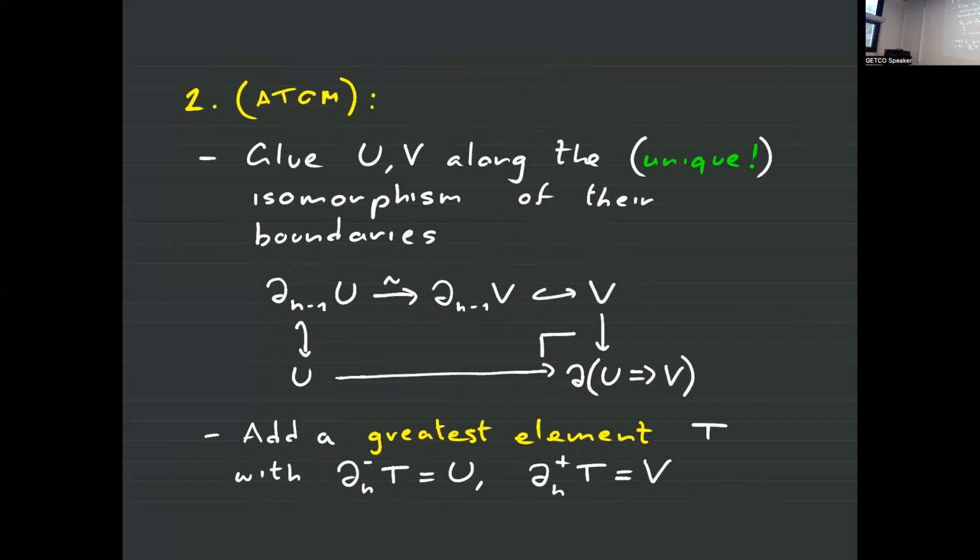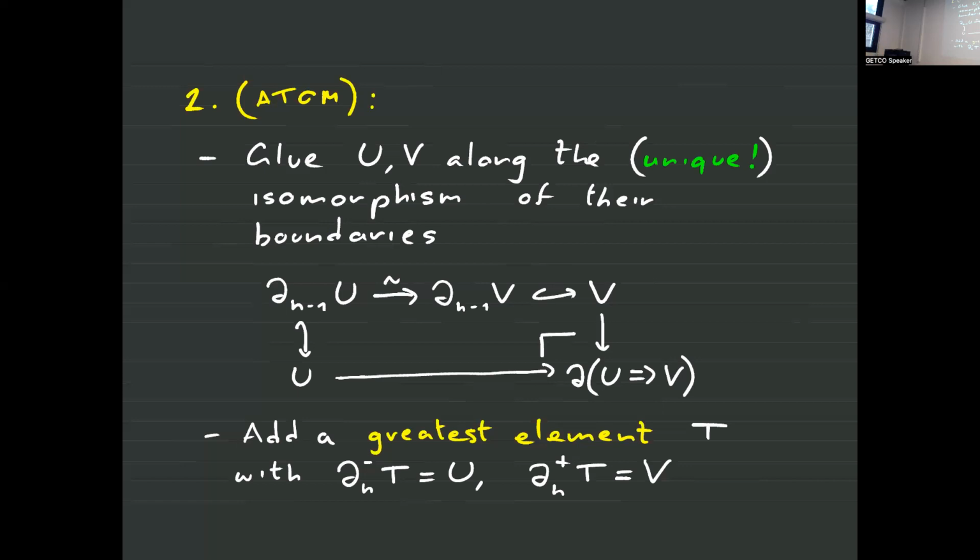So there's a few more details about this. This idea of gluing is realized as a pushout in the category of oriented graded posets, pushing out along this isomorphism. With their boundaries identified, we add a greatest element to the poset with orientation saying that everything coming from U is input, everything coming from V is output.